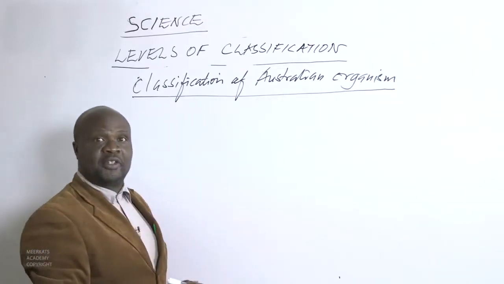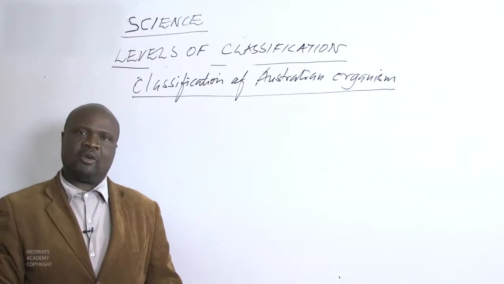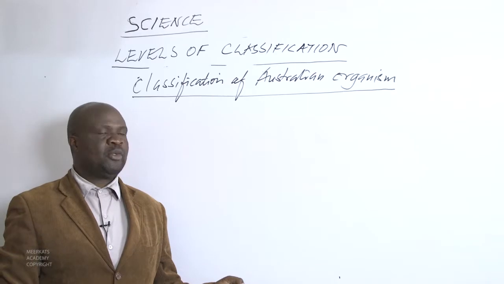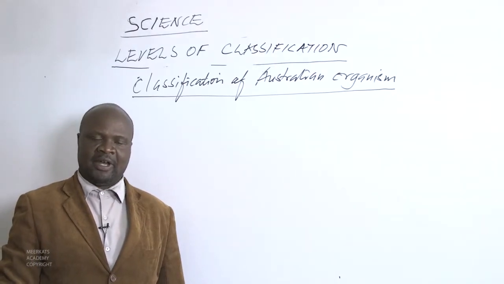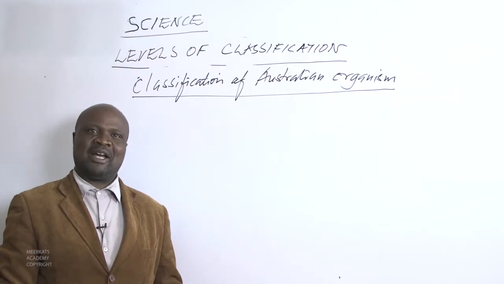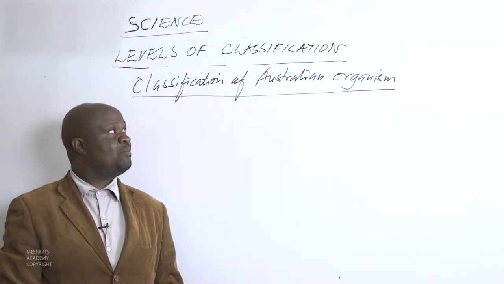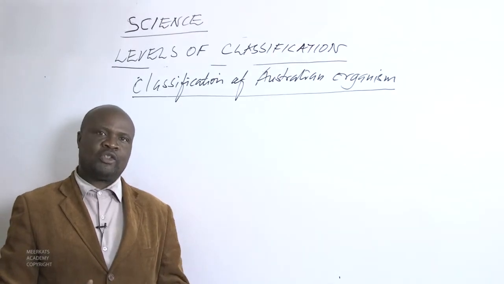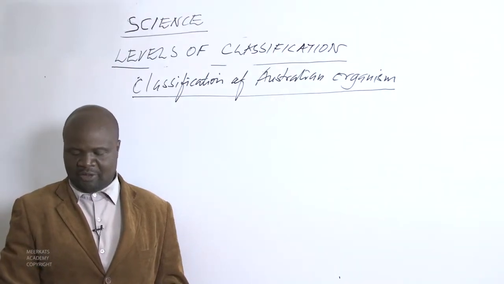When we do this, we shall try to classify not only the organisms found in the plant kingdom, we shall also look at the organisms found in the animal kingdom. We see how they were trying to classify them.